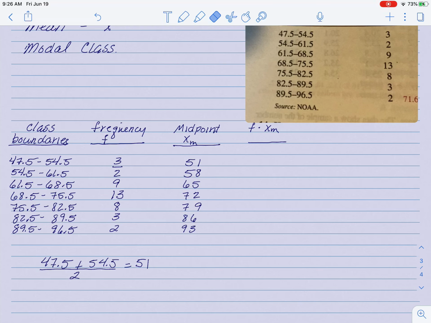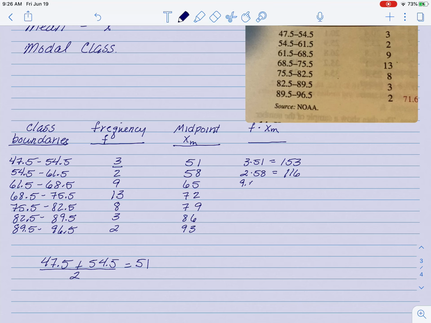So we're going to go 3 times 51 and get a number here. That's 153. And then we keep doing that. The next one is 2 times 58, and that's 116.